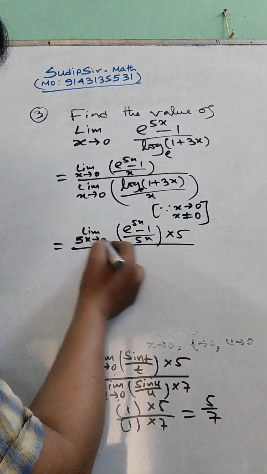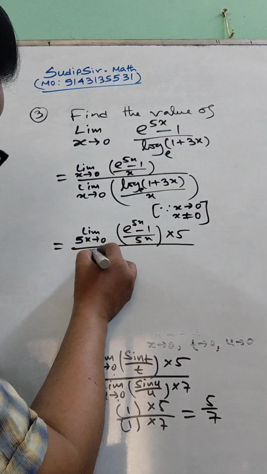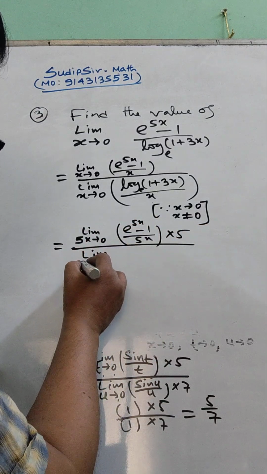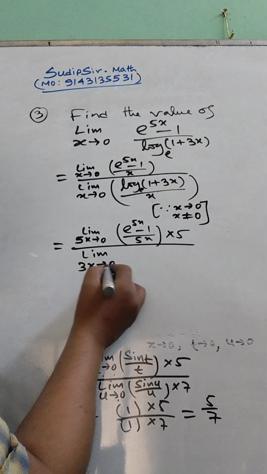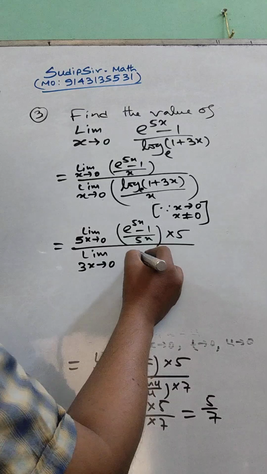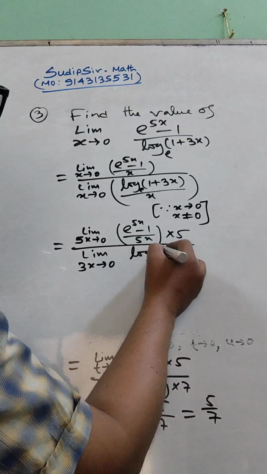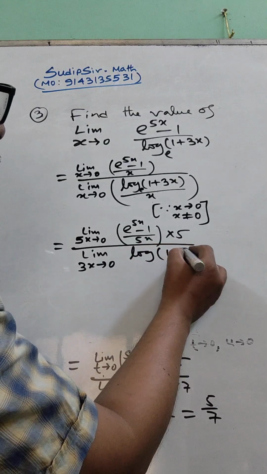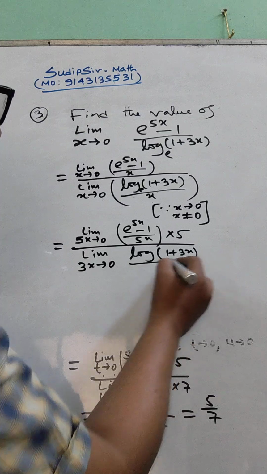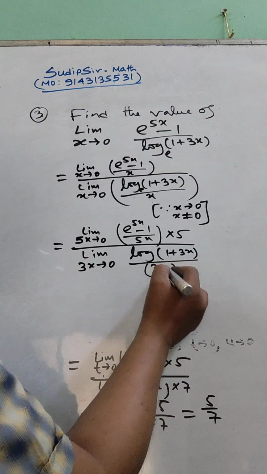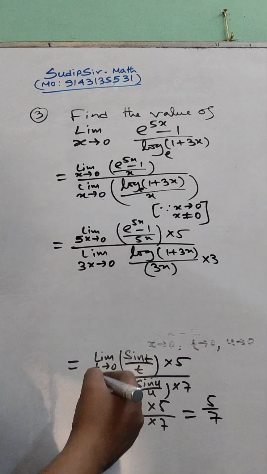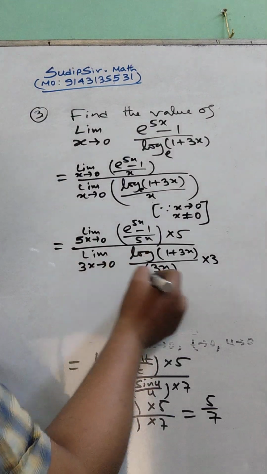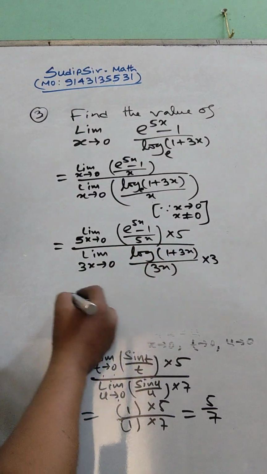So this becomes standard limit, and limit 3x tends to 0. Multiply and divide by 3. 3x tends to 0, log of 1 plus 3x by 3x, and for this adjustment 3 is required here. Now this is also standard limit.